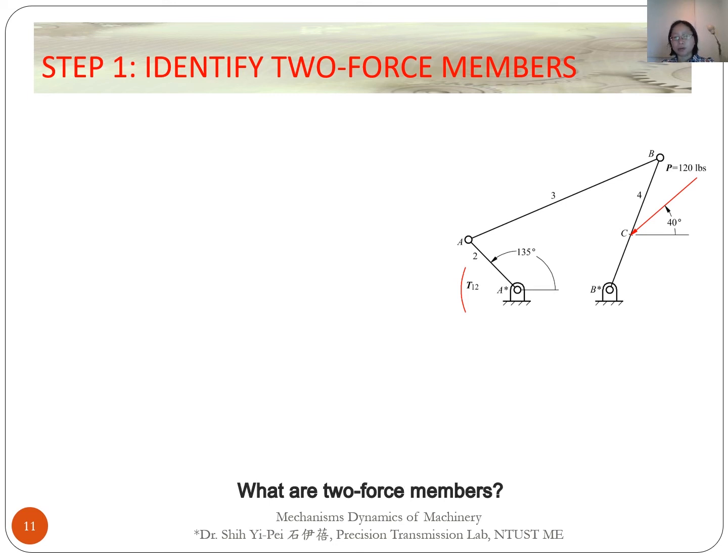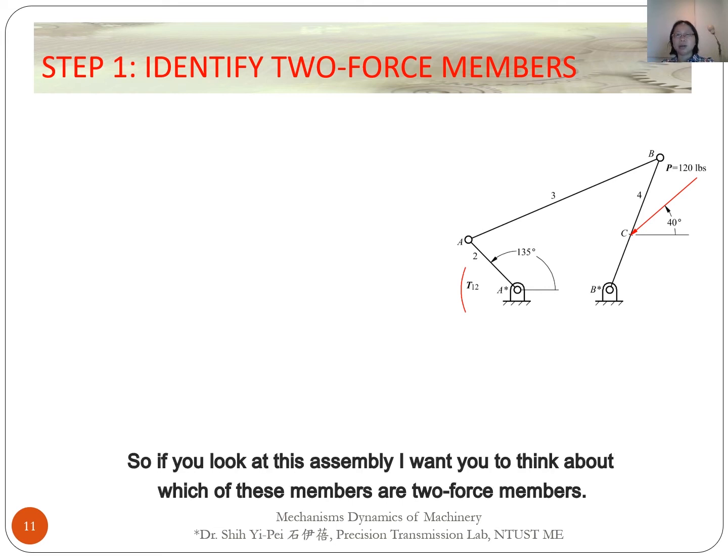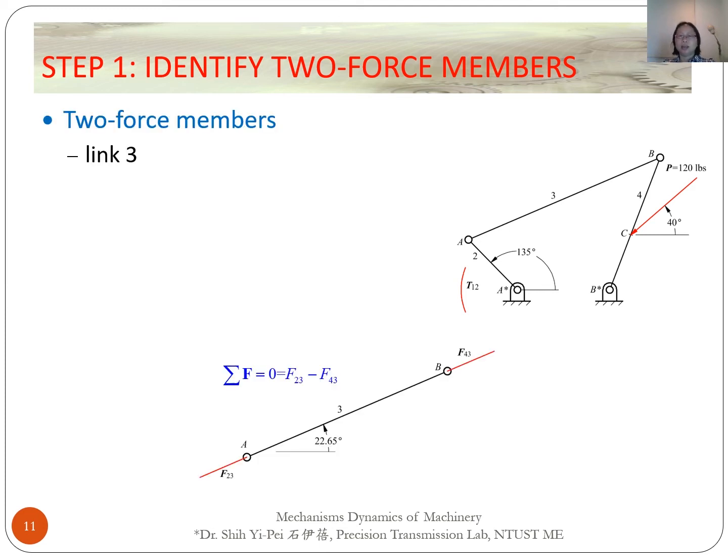What are two force members? Two force members basically have only two locations where forces act. So if you look at this assembly, I want you to think about which of these members are two force members. I will show you what it is later. In this assembly, a two force member is link 3.